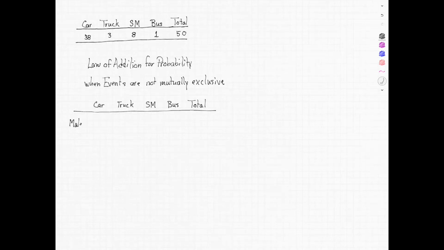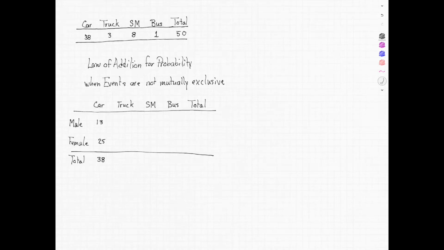They're either male or they're female. Okay, now the males, let's see, 13 of the males drove a car and 25 of the females drove a car. 13 males, 25 females, and notice that's still 38 people that drove the cars. And so we'll have our total here on the bottom row as well.